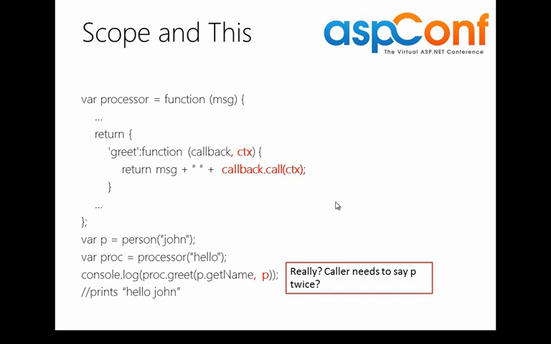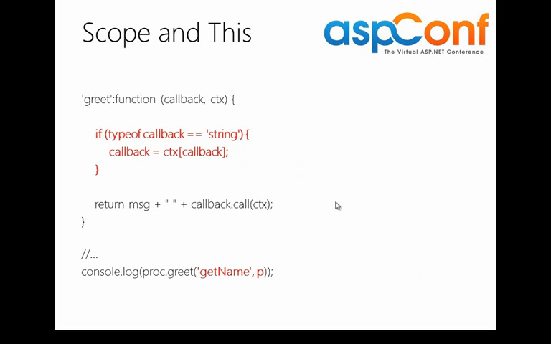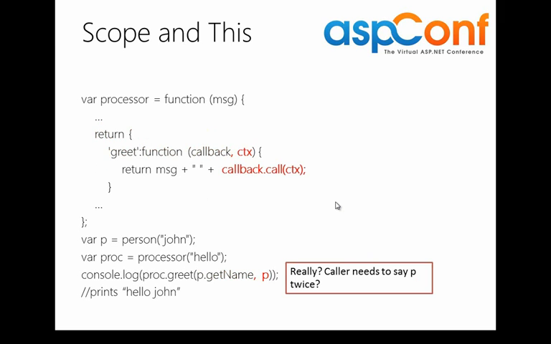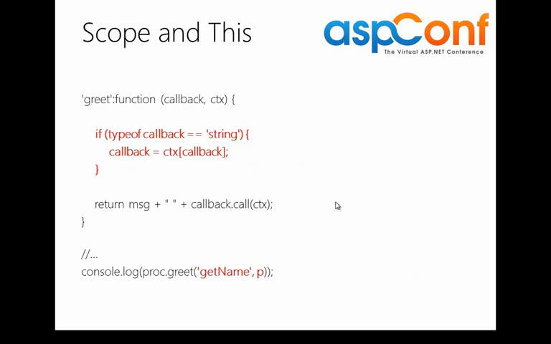But then we need to specify p twice, which can look slightly ugly. We're doing proc.greet p.getName and p, two things that are essentially the same value. So instead of doing that, what we can do is this.